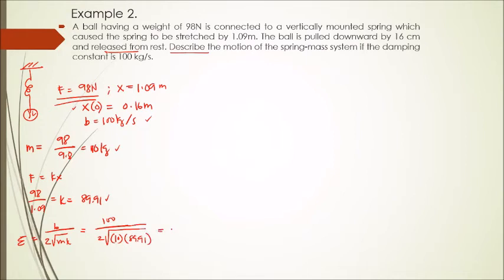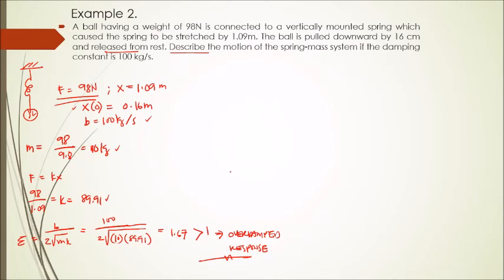This is equal to 1.67. Now the damping ratio is greater than 1, meaning the system has an overdamped response. Overdamped response. Okay, isa na siya sa mga description based on the damping ratio.